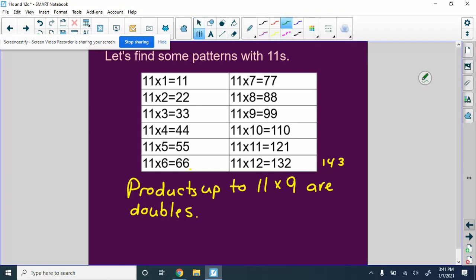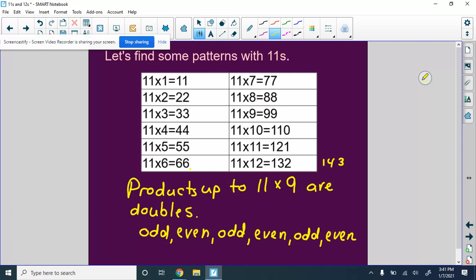The pattern here goes odd, even, odd, even, odd, even, and so on. So we even have an even-odd pattern in your 11s. But overall, they're very simple to solve because 11s are doubles for most of your products, and 12s are all even products.